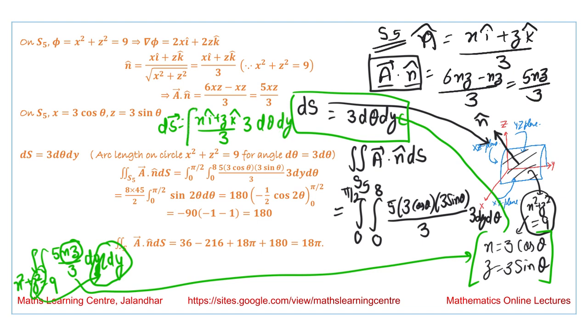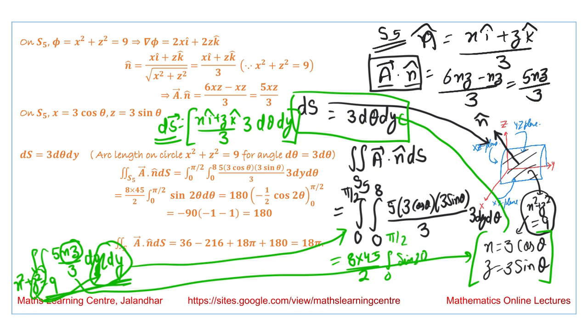So in place of solving the earlier integral, our integral comes in this form, and when you solve it, the answer you will obtain is 8 into 45 by 2 and the integration from 0 to pi by 2 of sine of 2 theta d theta, which on solving is equal to 180. So the final answer we obtain in this case is the sum of all these values.